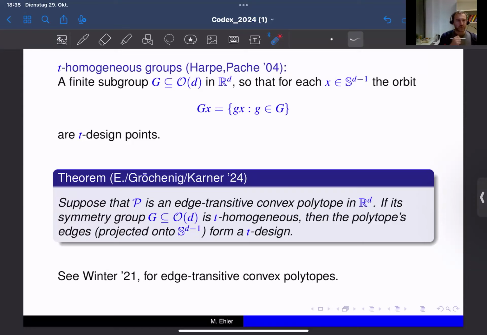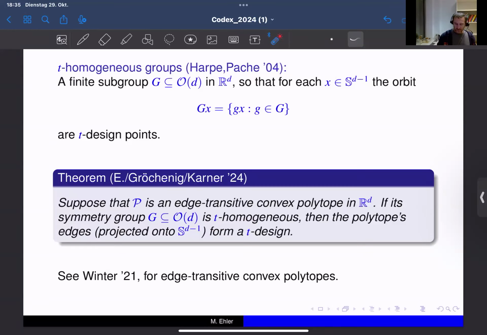And if this symmetry group is t-homogeneous, as stated above, then I can project the polytope's edges onto the sphere, and then those edges all together form a t-design curve.